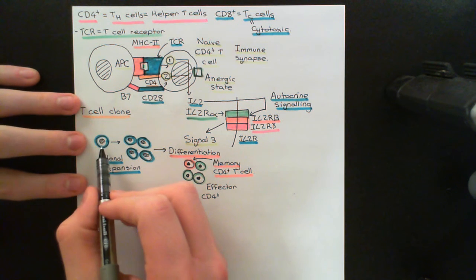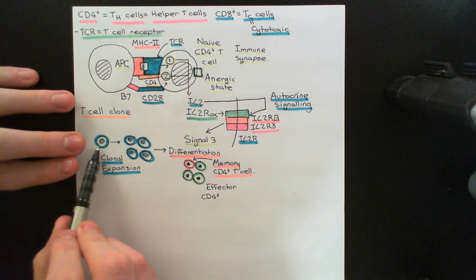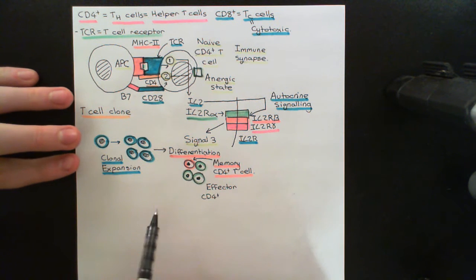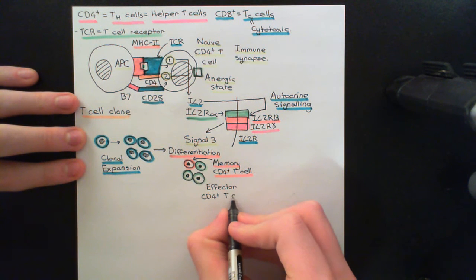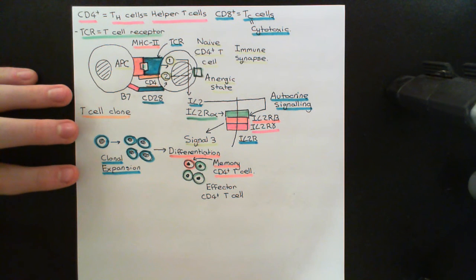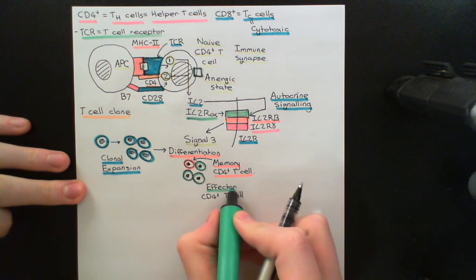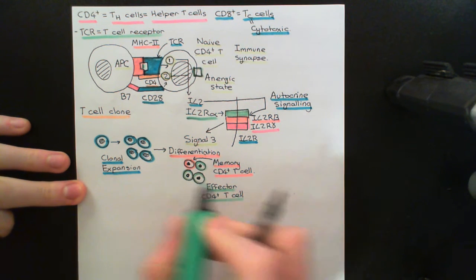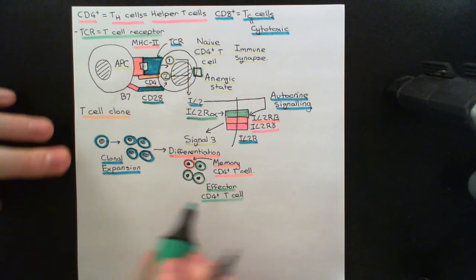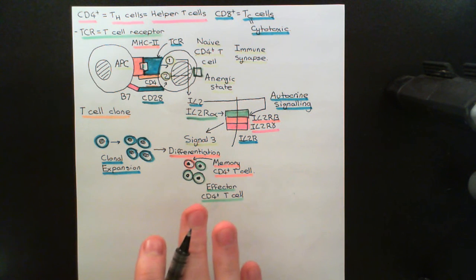Okay, so the problem is, if we were to convert our naive CD4 positive T cell into solely a huge great population of effector CD4 positive T cells, then all of those effector CD4 positive T cells might be able to clear the pathogenic infection, but after a week they're going to start being removed from the body, they're going to die, and they'll be removed from the bloodstream, and then that clone of T cells, the T cells with that T cell receptor, might have completely died out from the body. Okay? That would cause a problem. You don't want that to happen.